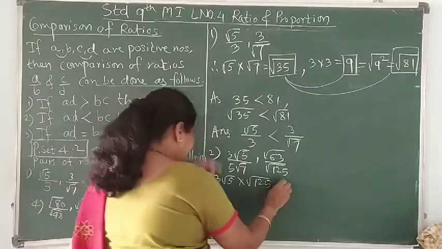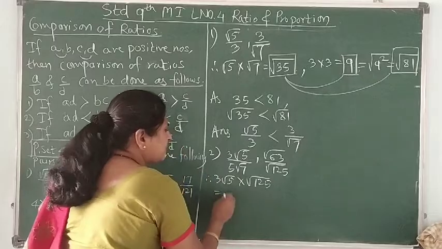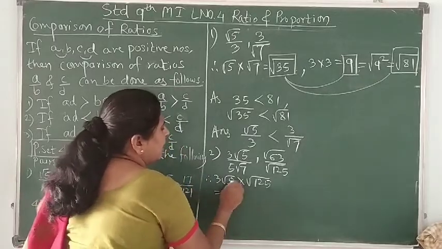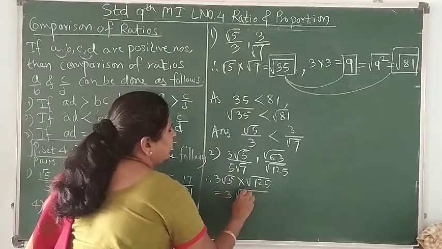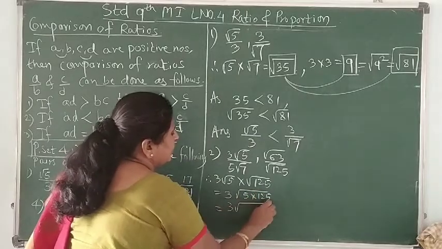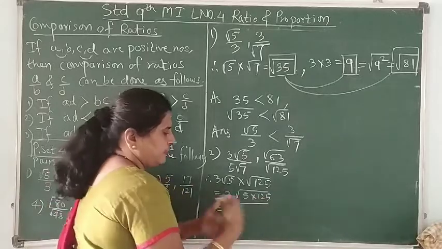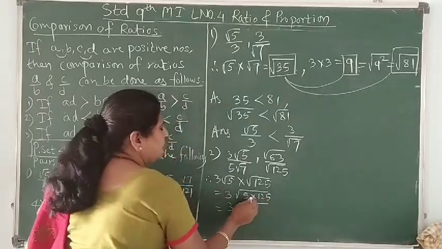What do we get? Let's see here. We can write here below also. So 3 is rational. Under the square root we have 5 into 125. So it is 3 square root of 5 into 125, or 125 can be written as 5 into 5 into 5. Anyway we can go for it.